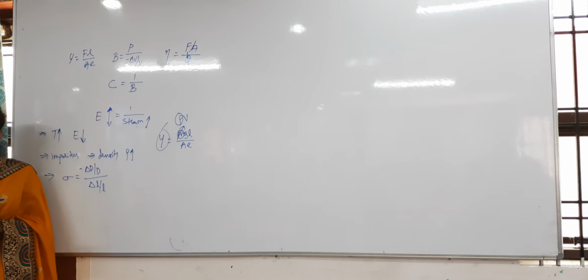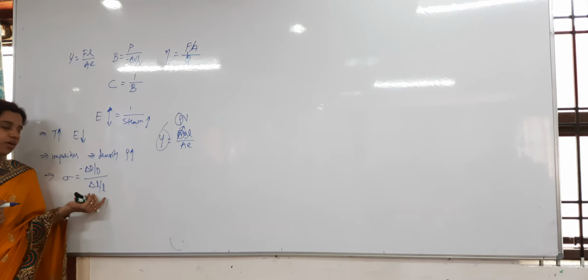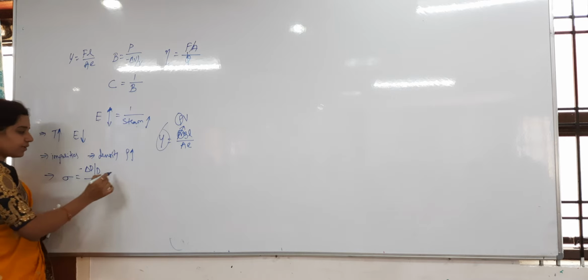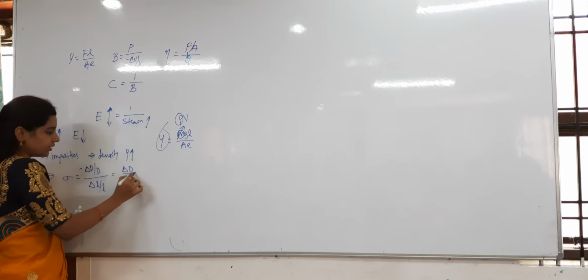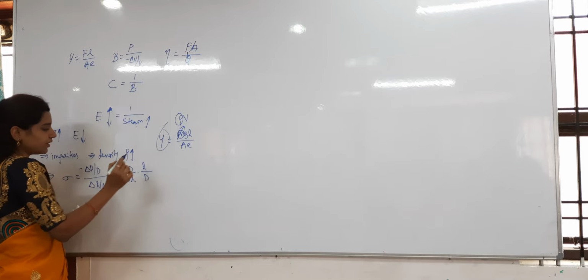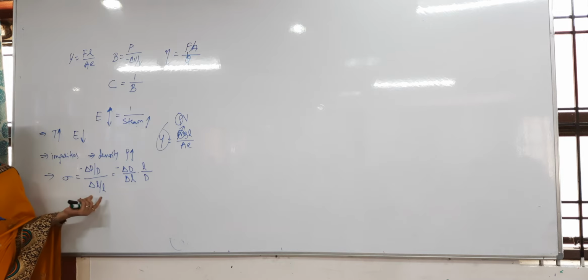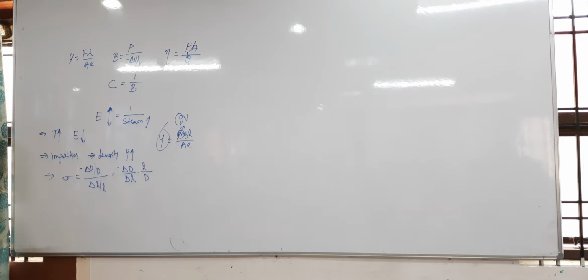Minus delta d by d divided by delta L by L, lateral strain by longitudinal strain. So here one formula I have written finally, the conclusion formula, delta d by delta L into L divided by d. That is the formula of sigma. Correct or anything wrong? Correct only, right? That is about the Poisson's ratio.